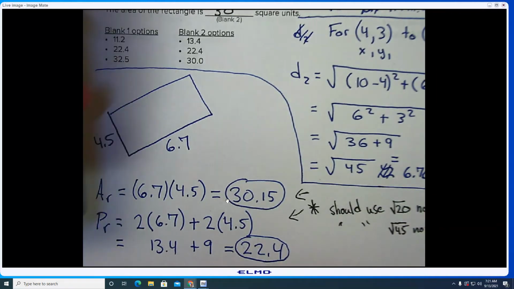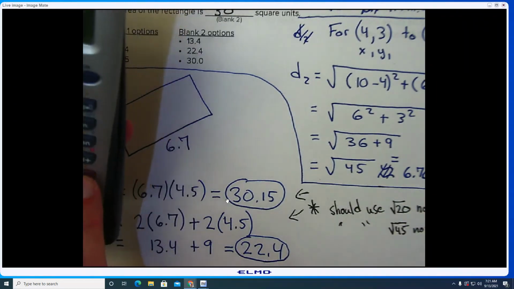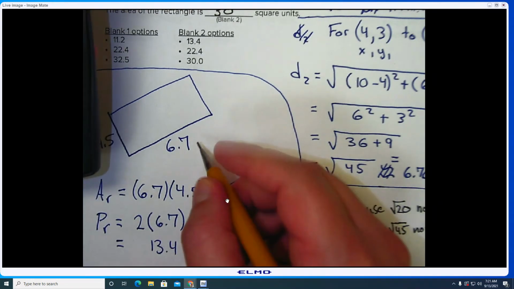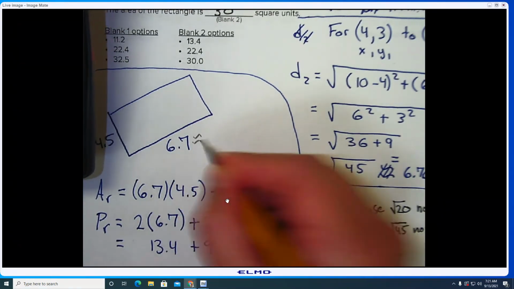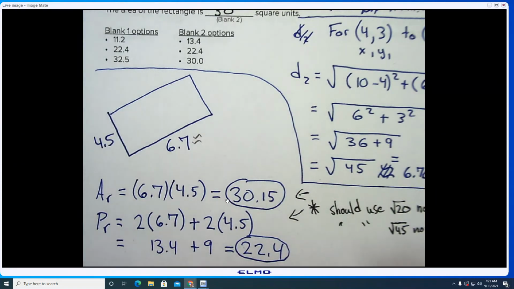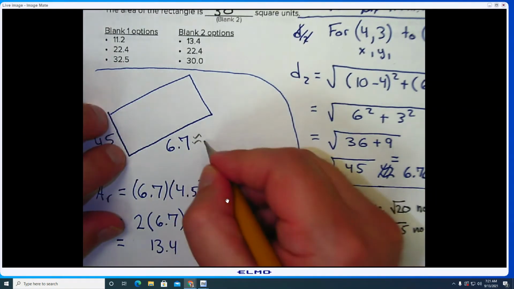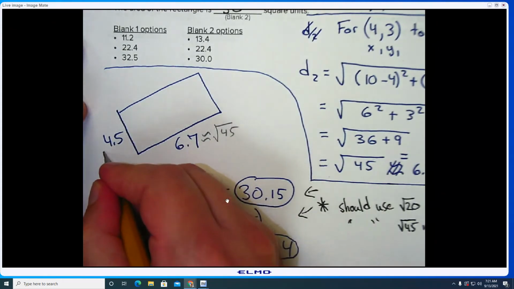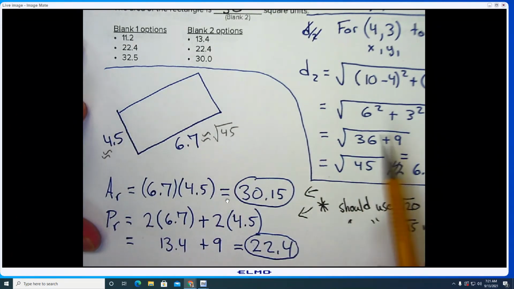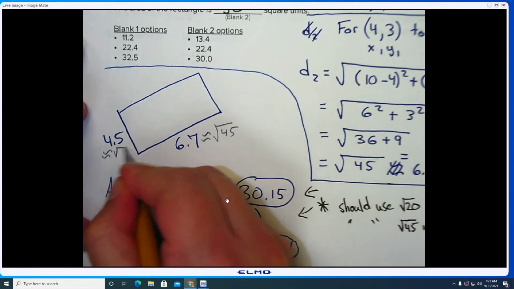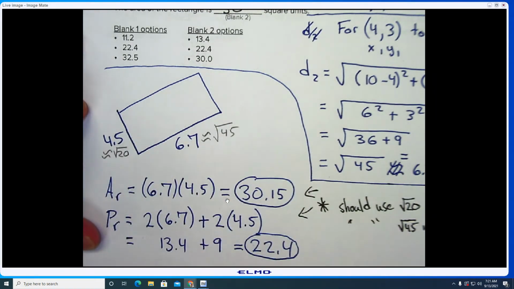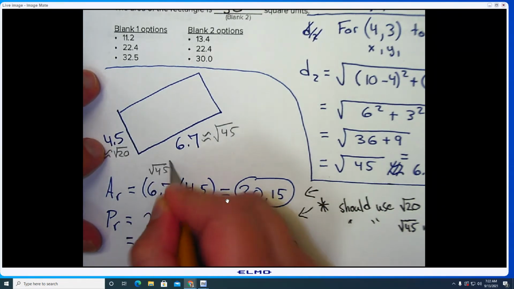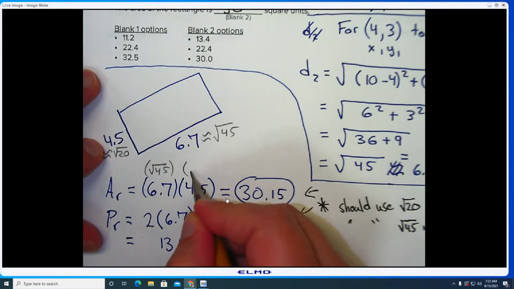So for the first one, the 6.7 was approximately equal to the square root of 45. And the 4.5 was an approximation for the square root of 20. So this is really square root of 45 and square root of 20.